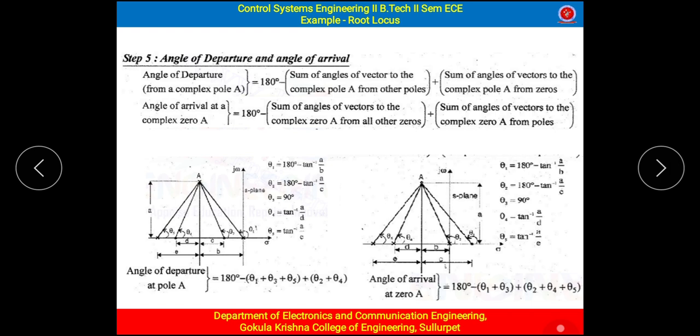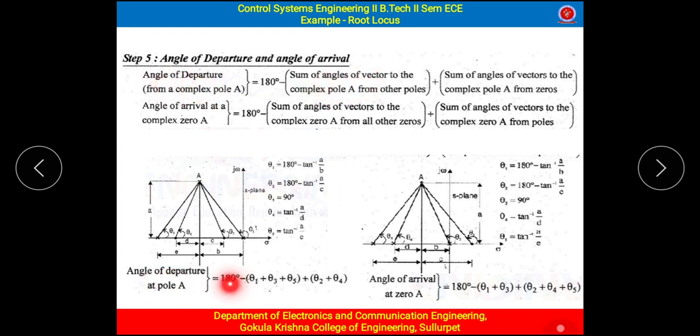How we calculate these angles is secondary, because that is easy. If we have the length of this base as well as this height, by using trigonometric relations we can get the angles. So from this formula, what is the angle of departure?